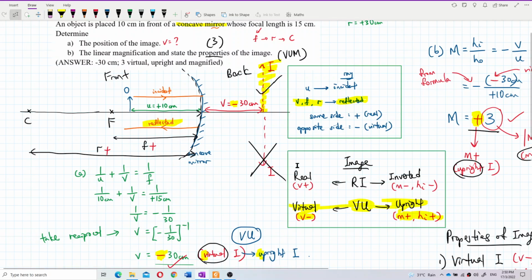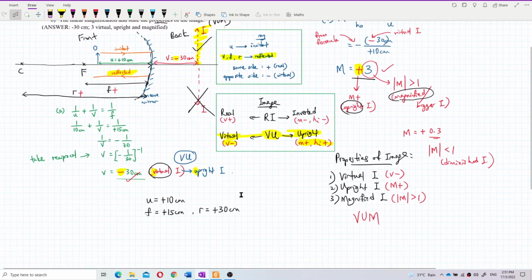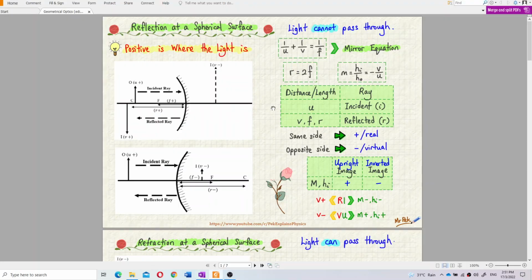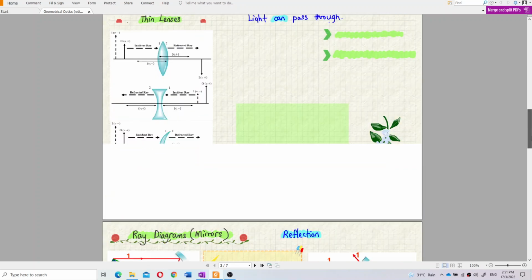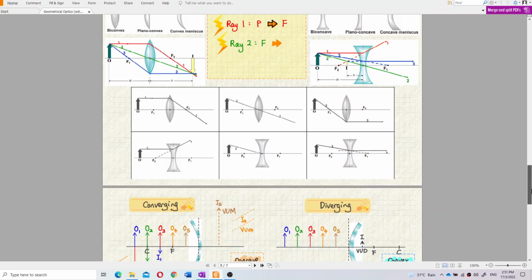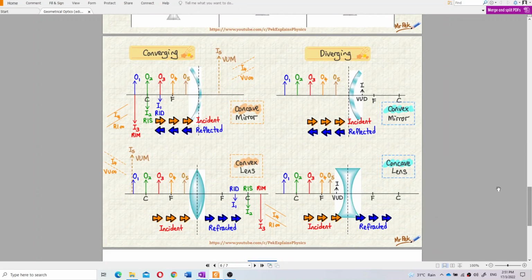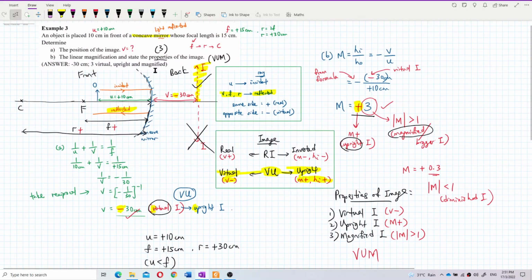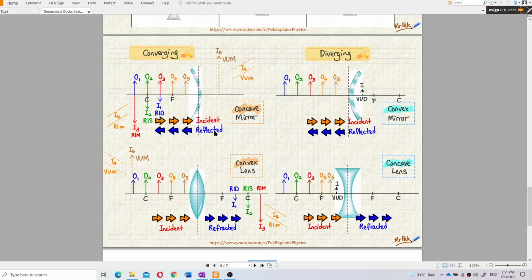Understand? So if you look here, U is less than F. If you go back to our characteristics of image, look here. This is a concave mirror, a converging mirror.